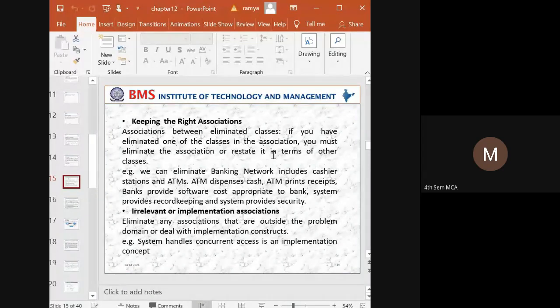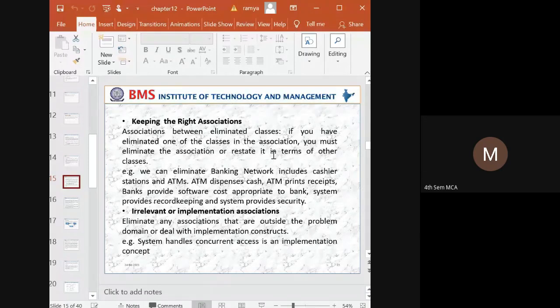We have listed all the classes and taken associations. For the eliminated classes, we should also eliminate the association, and once again restate the classes in terms of other classes. That means we need to try to relate with the other classes.